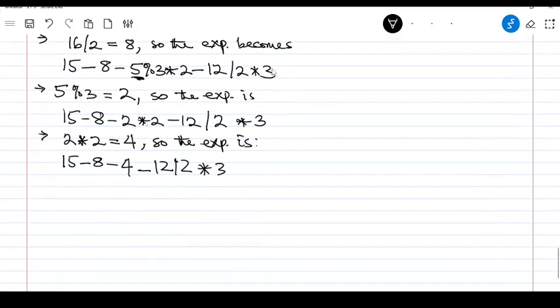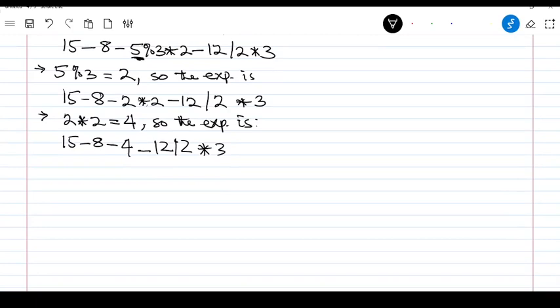Okay, so the next we have now is 12 divided by 2. What is 12 divided by 2? 12 divided by 2 is going to give us 6. So we're going to have 15 minus 8 minus 4 minus, 12 divided by 2 is now 6 times 3. Okay, so we now have the last multiplication here.